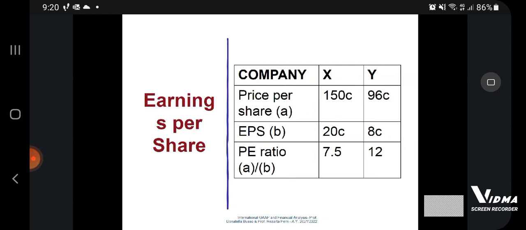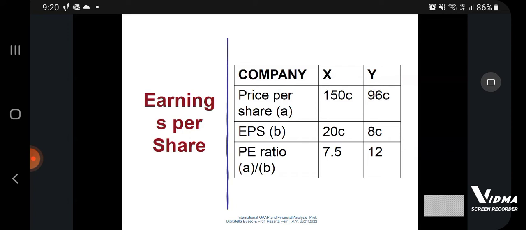So company Y is considered or expected to be more profitable. Now again, these are expectations. When the future comes, it does not mean that company Y is really going to be more successful than company X. These are just the expectations that the market builds and rouses around certain companies, okay?